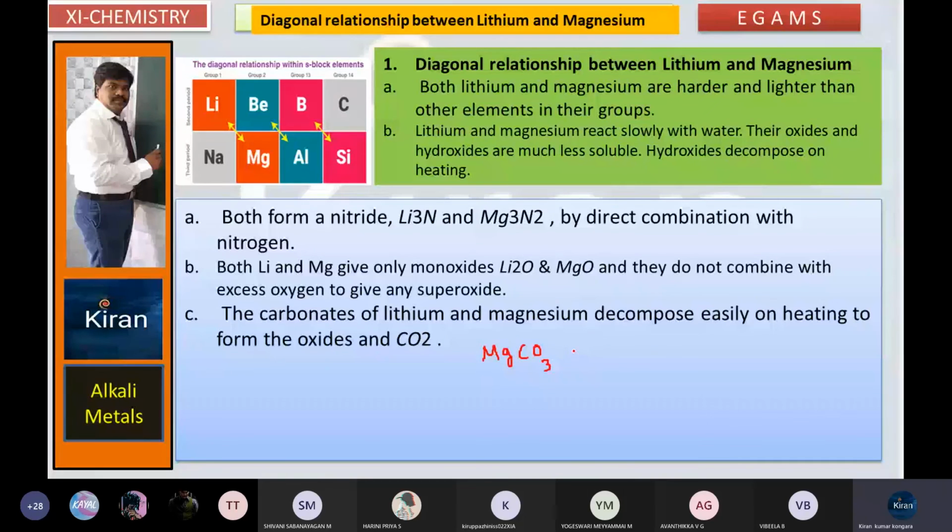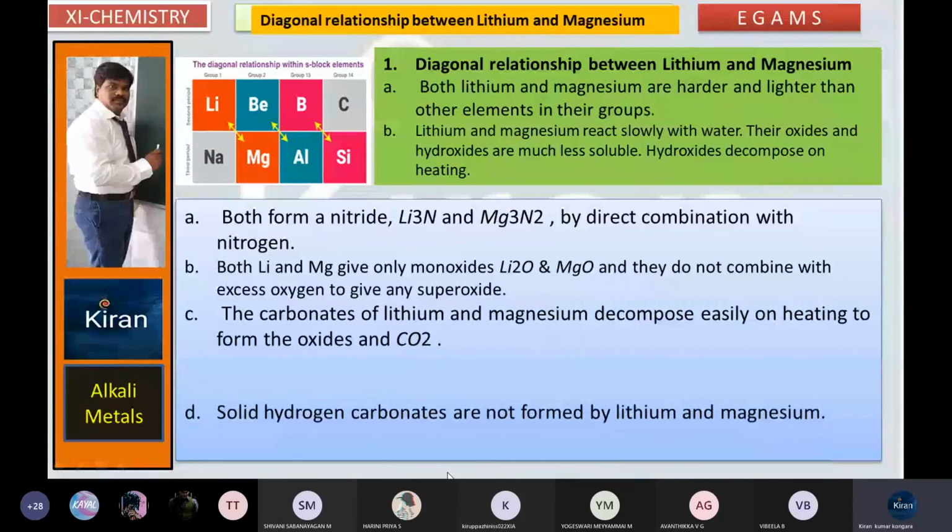Upon heating, this magnesium carbonate changes into magnesium oxide and carbon dioxide. In the same way, lithium carbonate gives lithium oxide and carbon dioxide.